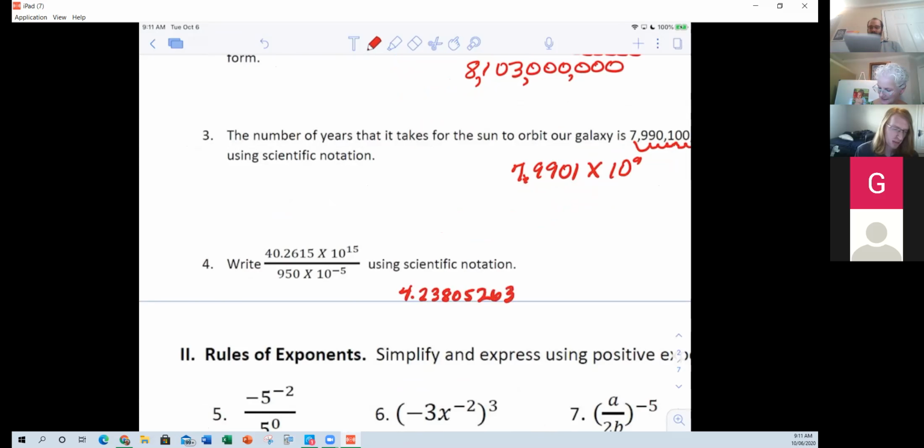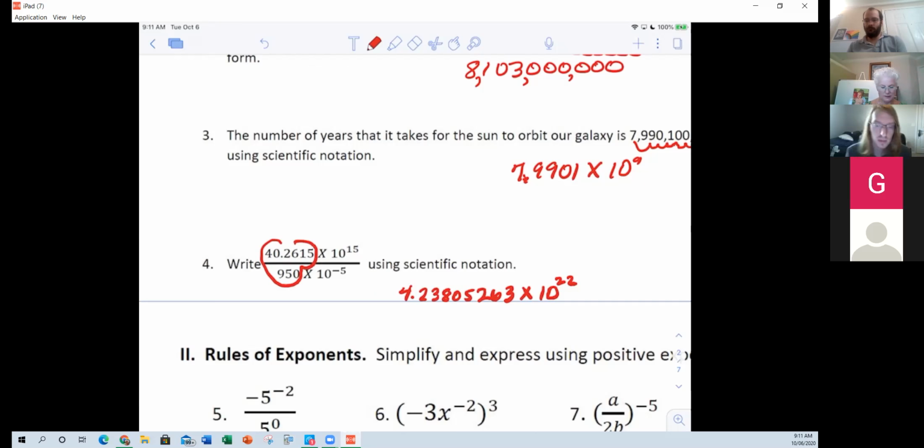I'm not sure if that's right though. 22nd, let's check it. Okay, so tell me what you did first. I broke it down into 40.2615 divided by 950. Okay, and that gave you 10 to the 15th divided by 10 to the negative 5th, or times 10 to the 15th divided by 10 to the negative 5th.